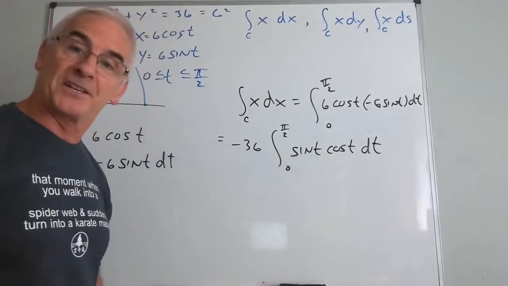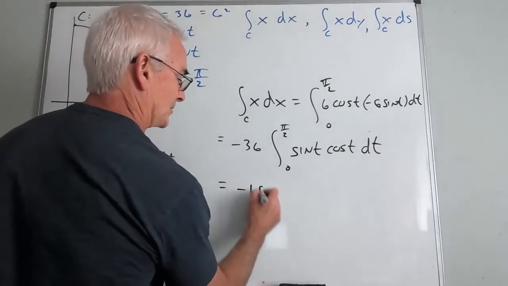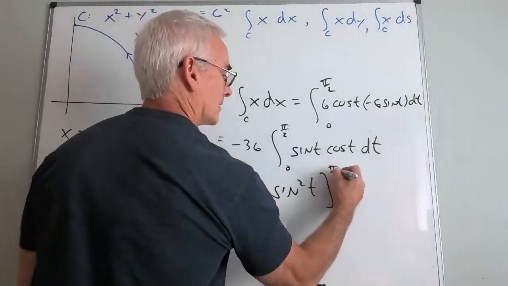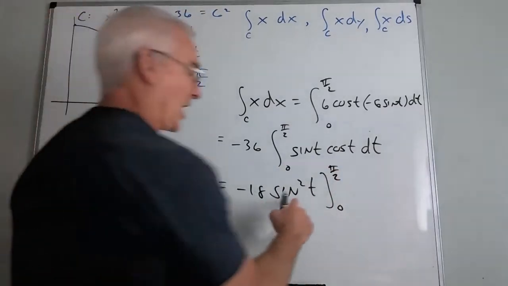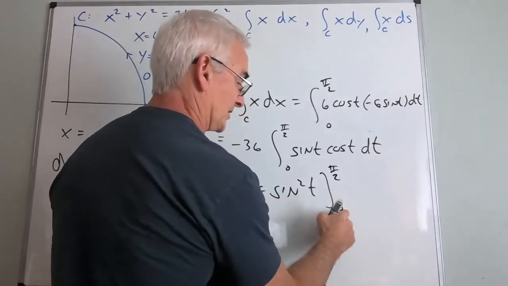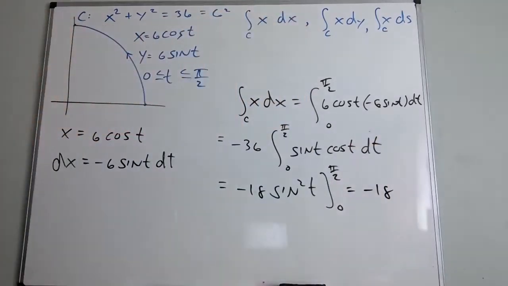So this is u du, and my answer is 1/2 u squared. Sine of pi over 2 is 1, so sine squared is 1. Sine of 0 is 0. So my answer is just negative 18. Nothing special about it.